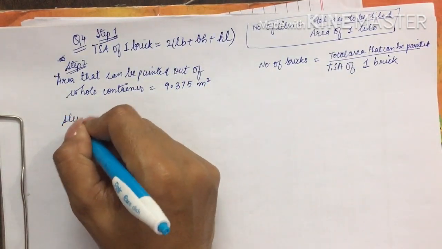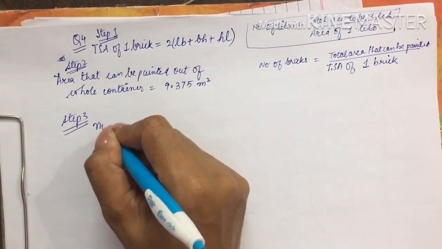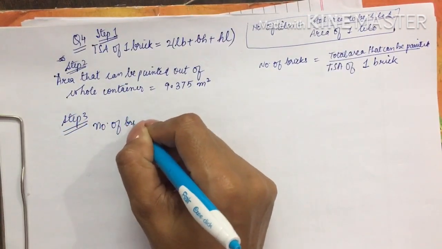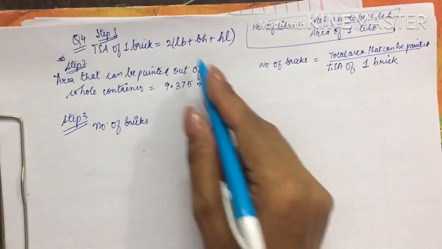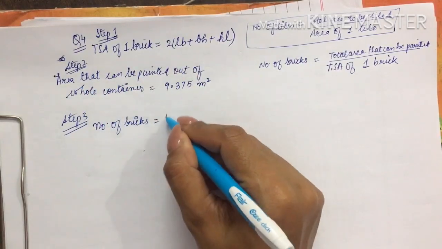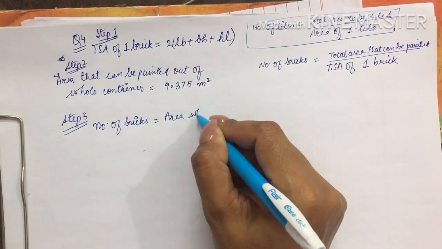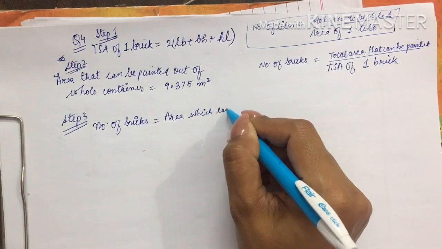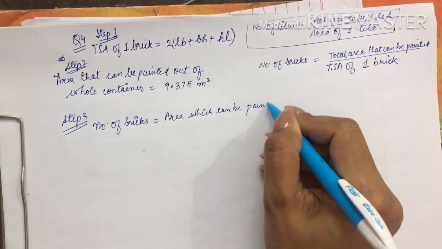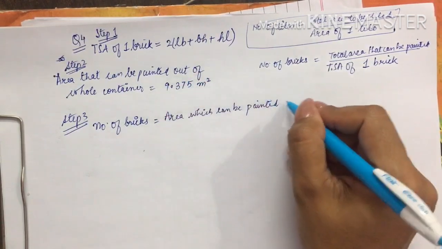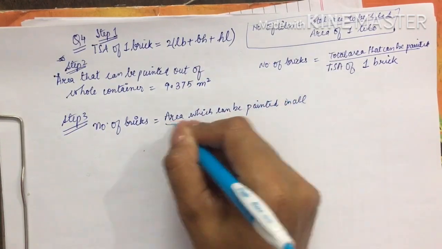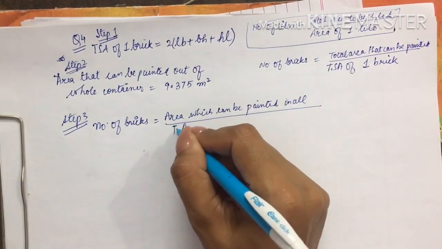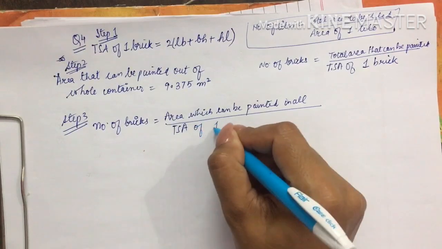And then finally step number 3, where we find out the number of bricks that can be painted out of the container. So this will be the area which can be painted in all, the total area, over the total surface area of one brick.